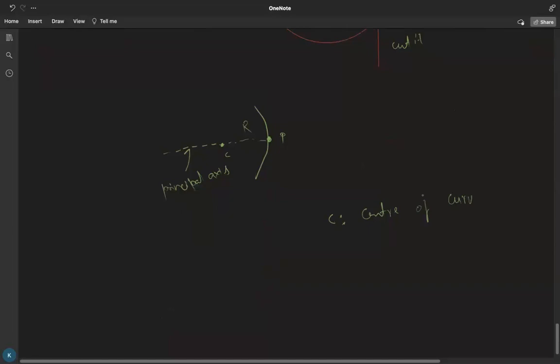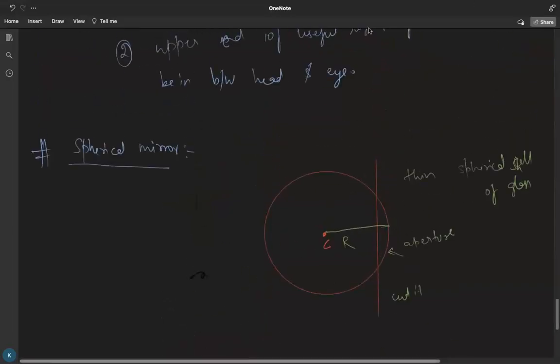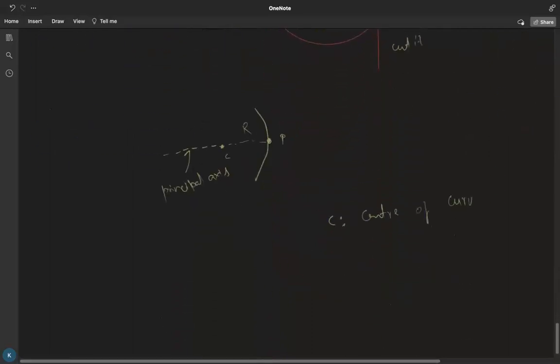You just have to take a spherical glass and cut a very thin aperture, and you will get a figure like this, in which some terms are defined: center of curvature C, R is the radius of curvature, and P is the pole, right?